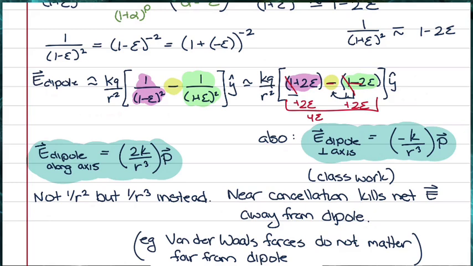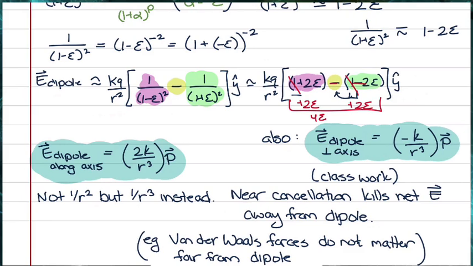But epsilon itself was, well, here's where I can start writing things again. So E dipole, KQ over R squared. And we said this was 4 epsilon, but epsilon was S over 2R times y hat. So then what happens? Notice that the 2 cancels part of the 4.